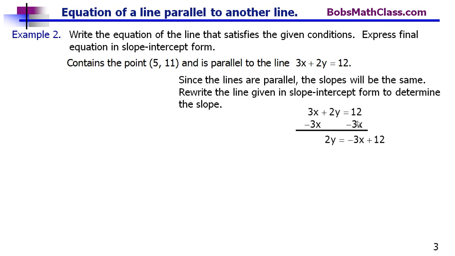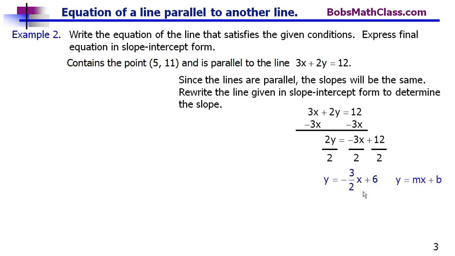We have negative 3x, and the 12 is positive because there's no sign in front of it. It's a positive 12. We're almost there. We have to get y by itself. So then the next step is divide by 2. So divide by 2 on all three terms. So now we have y by itself. So y equals, you can put the negative in the middle of the fraction here, negative 3/2 x plus 6.